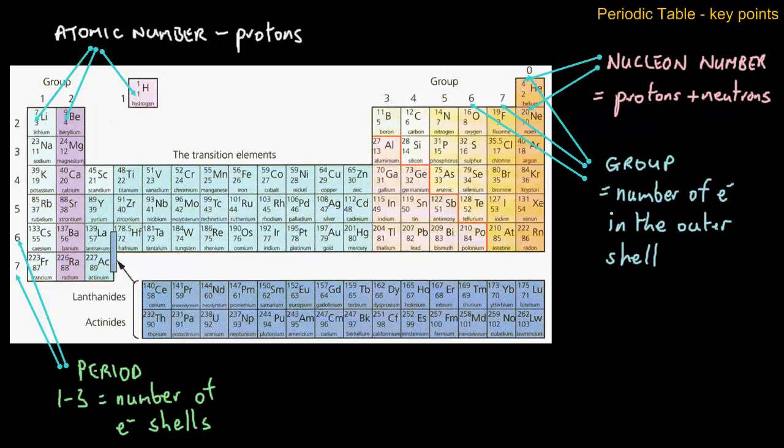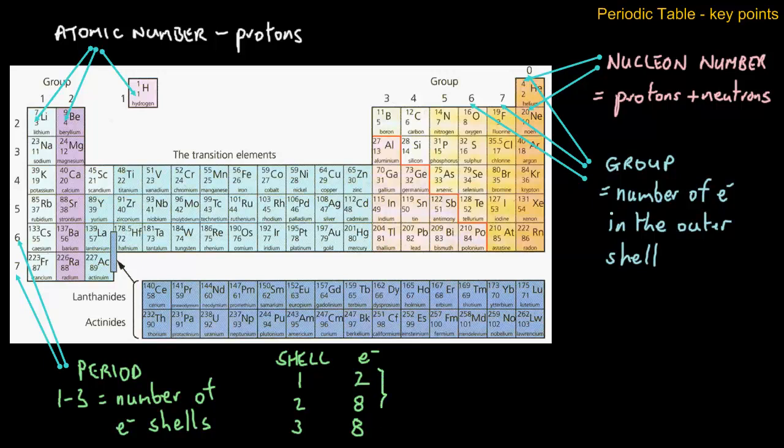And if we look at each shell, just 1 to 3, after shell 4 it gets a bit more complicated. We don't need to go into that detail at this moment in time. But if we look at the first 3 shells, so we take shell 1, 2, 3, and the number of electrons in each shell, in shell 1, when it's stable, it's got 2, and in the second shell it's got 8 to be stable, and in the third shell it's also got 8.